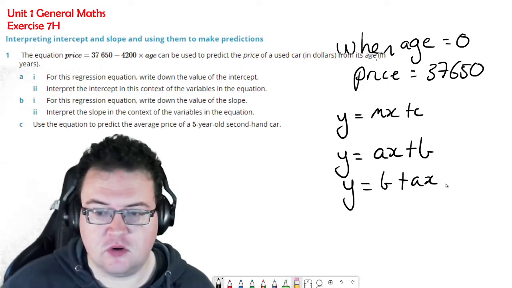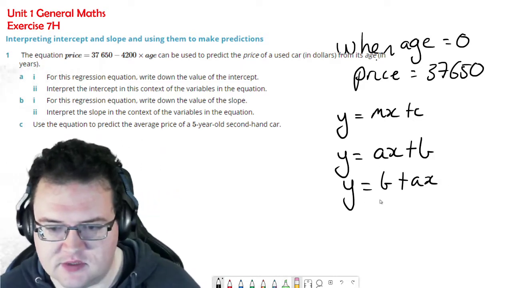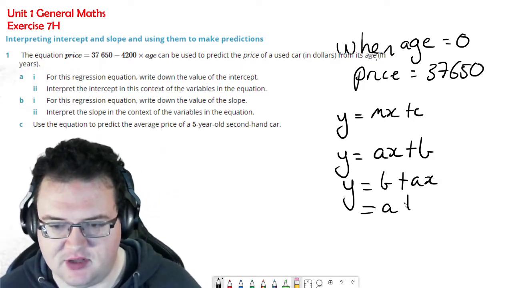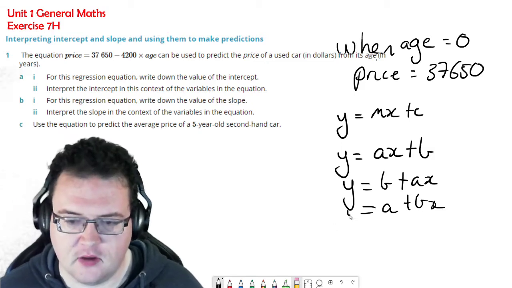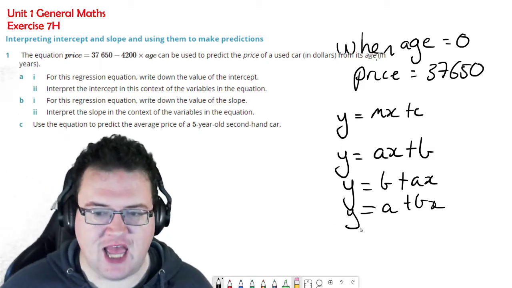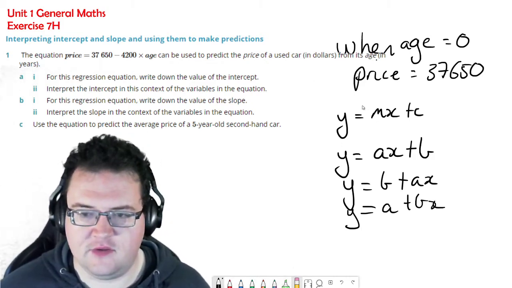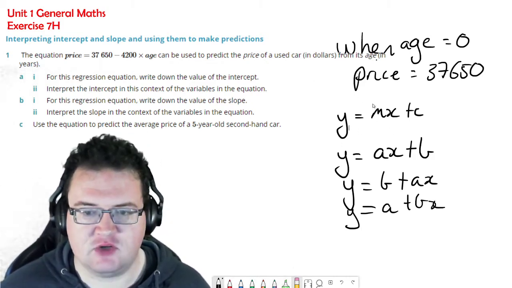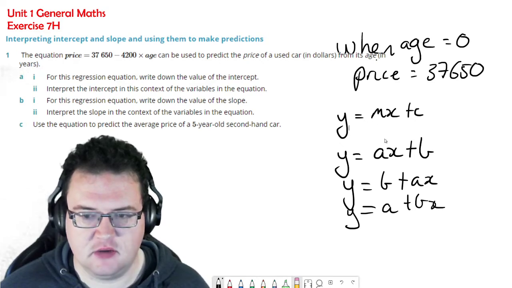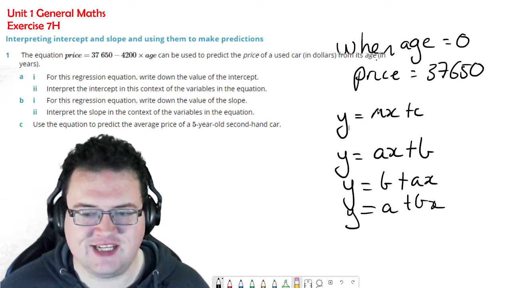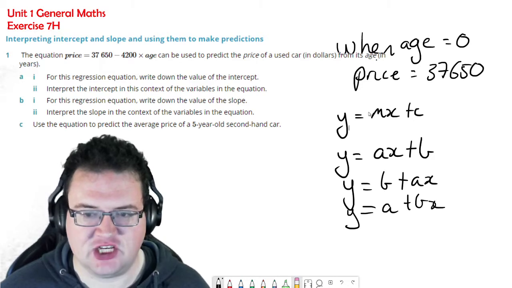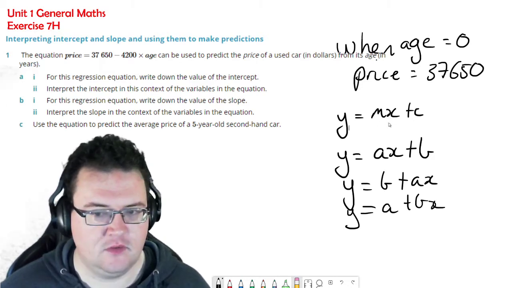Sometimes it might get saucy and give it to us as a plus bx. But in this case, the slope, the gradient, is represented by different pronumerals, but they're always in the same location. They are always attached to the x variable.